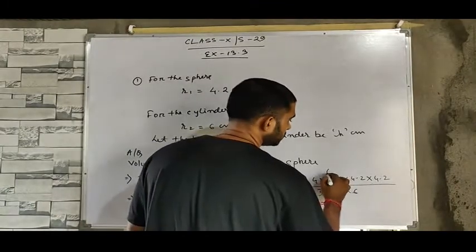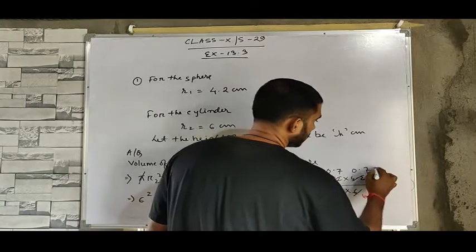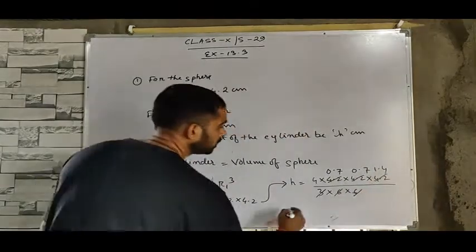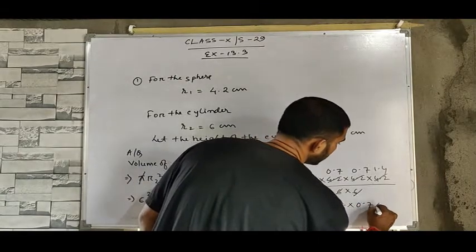So 6 sixes are 0.7, 6 sevens are 0.7, and 3 ones are 1.4. Now we will multiply 4 into 0.7 into 0.7 into 1.4.